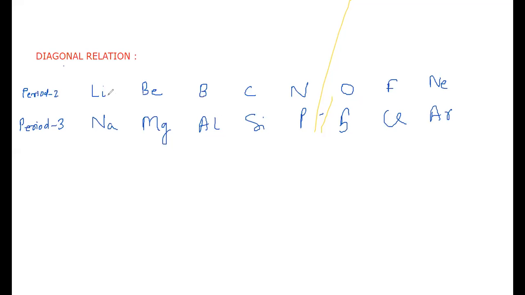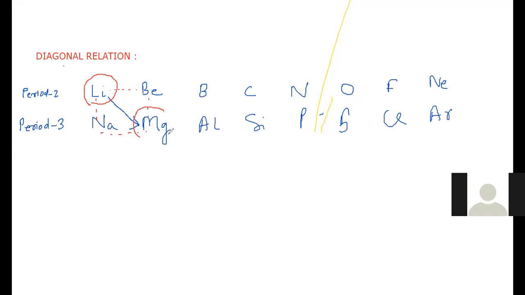So what happens? These elements are called diagonally related elements. If you draw a square, say if you join this like a square, what is the relation between lithium and magnesium? They are just like 2 points of a diagonal, isn't it, Palak Verma?